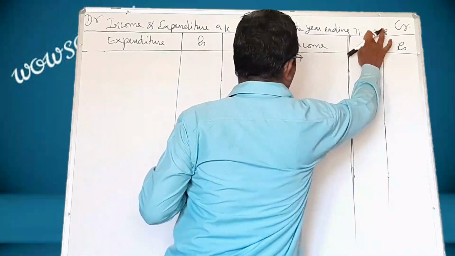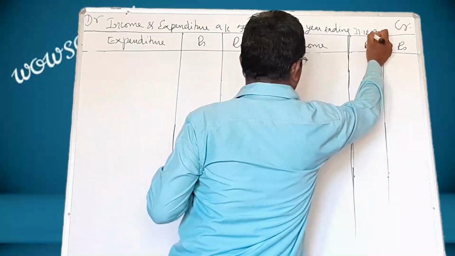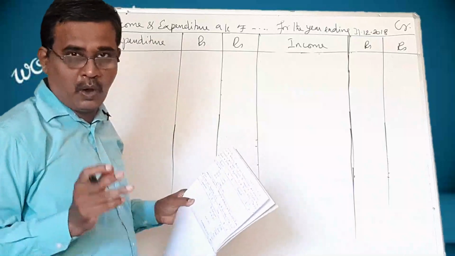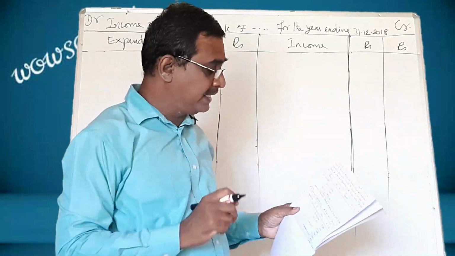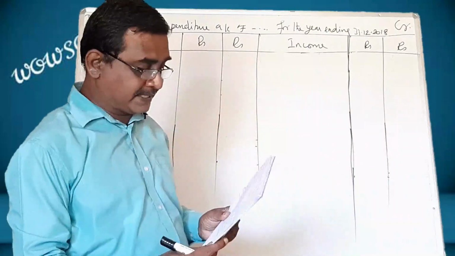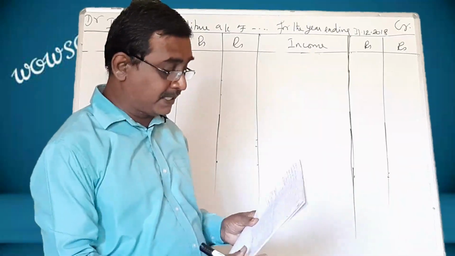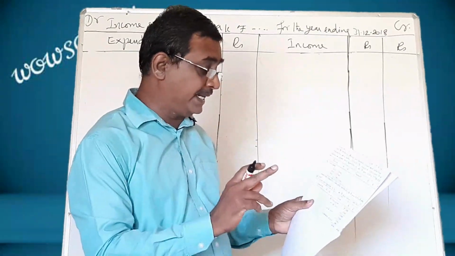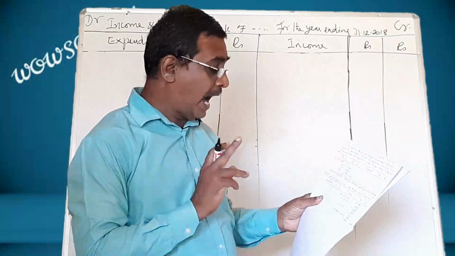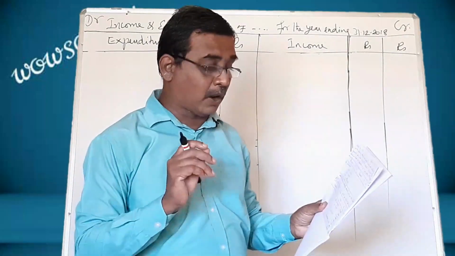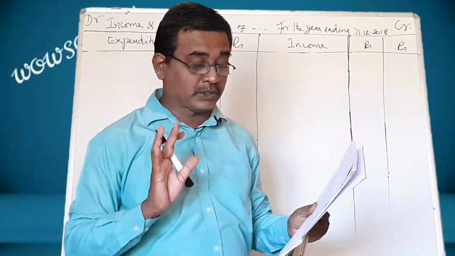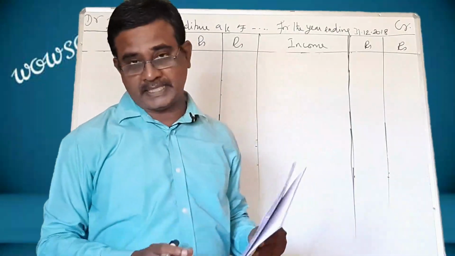You are asked to show how subscription will come in this account. See, in receipts they have given subscription for 2017, 2018, 2019. Additional information is subscription outstanding for the year 2018 is rupees 8,000.